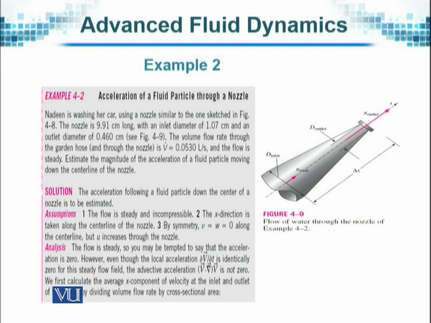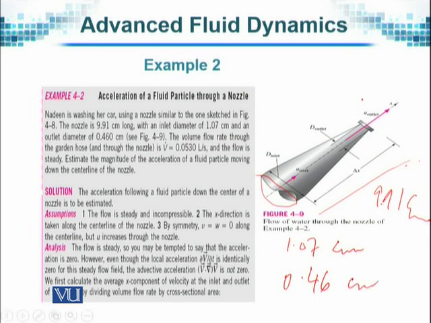Nadine is washing her car using a nozzle similar to the one sketched in the figure. The nozzle is 9.91 centimeter long, the inlet diameter is bigger, with a value of 1.07 centimeter, while the outlet diameter is 0.46 centimeter.